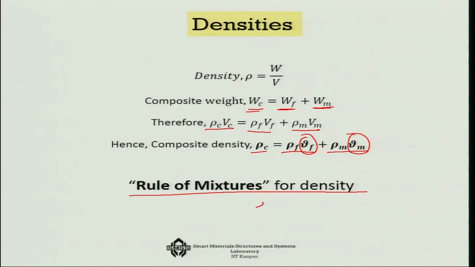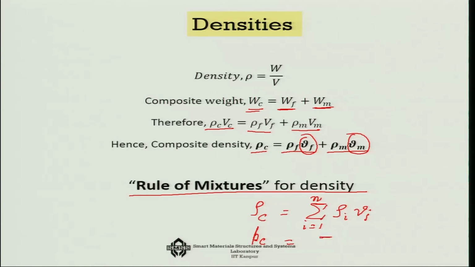That means I can write that the density of a composite is actually the sum over i equals 1 to n, okay, suppose there are n different phases there, of rho i Vi. Okay, and this is not only valid for density but for many transport properties of a composite. Let us say the moisture absorption capability, we will call it beta c.